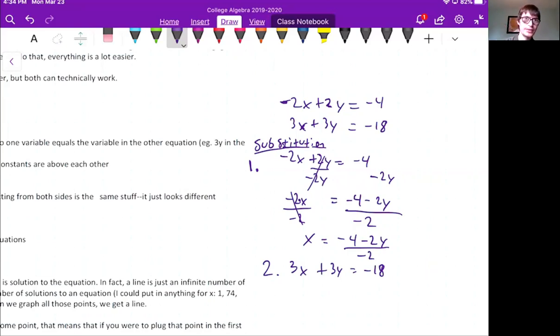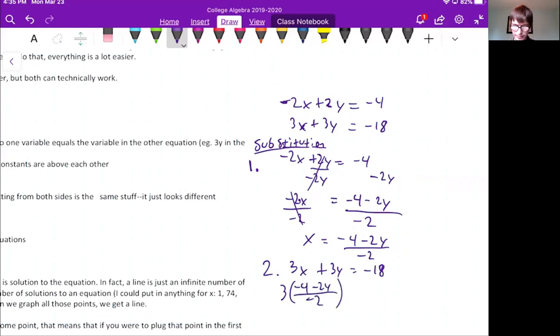It's not like it just represents something. x is -4 minus 2y divided by -2. That's what x is. So when I say that we have 3 times x plus 3y equals -18, instead of saying x, we can say what x is. We can say 3 times (-4 minus 2y) all over -2.